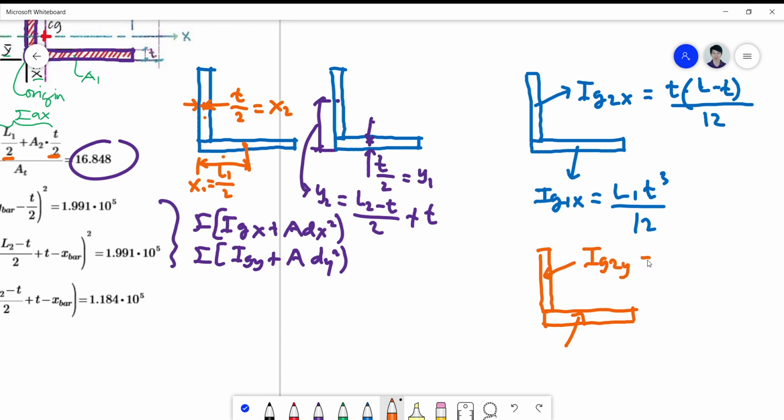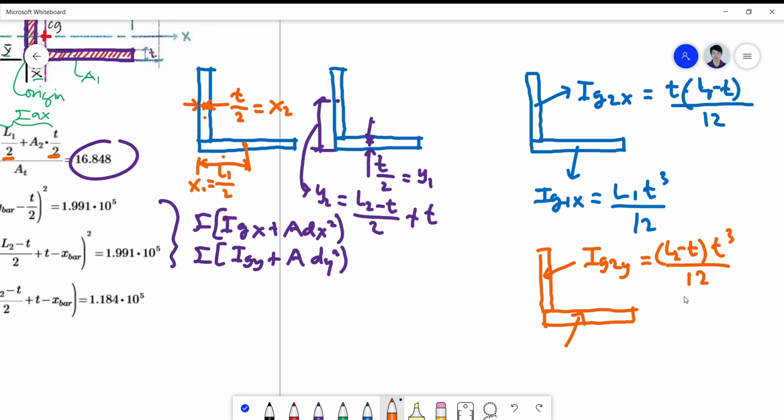So this is simply equal to, on the y-axis, this must be L minus T times T cubed over 12, and this is L1. Of course, L1 and L2 are just the same, so no worries about it. In case they are not the same, you have to be very specific.